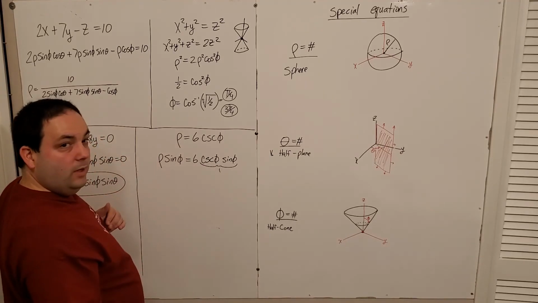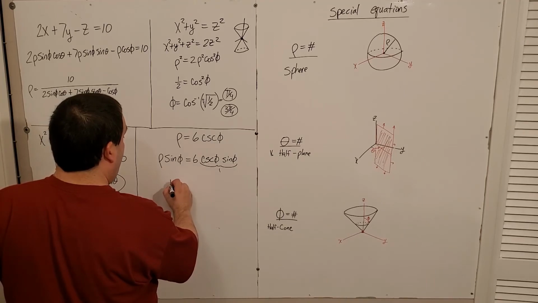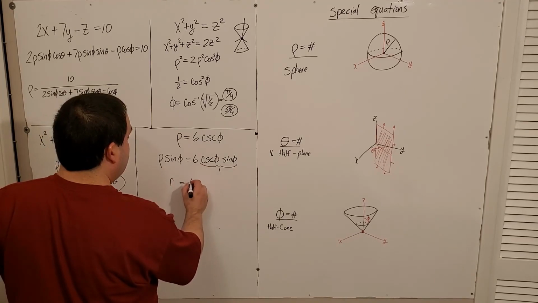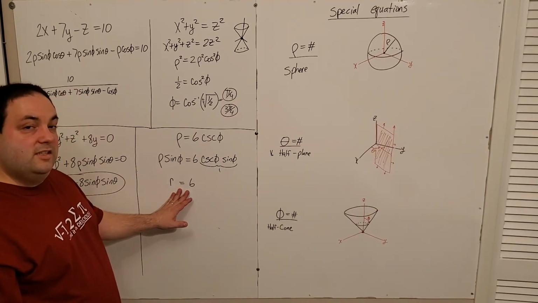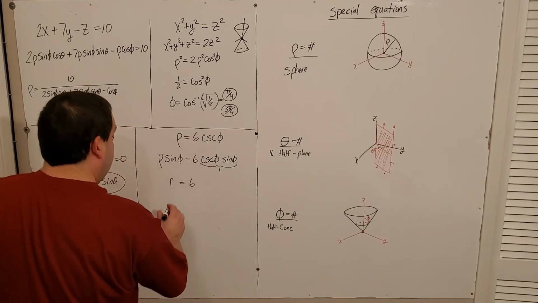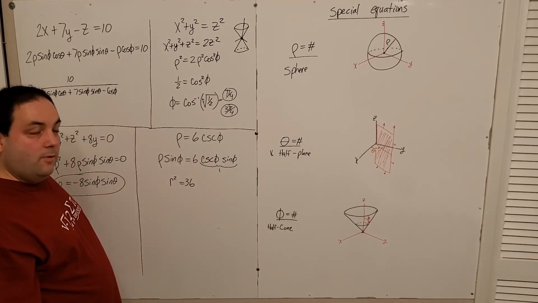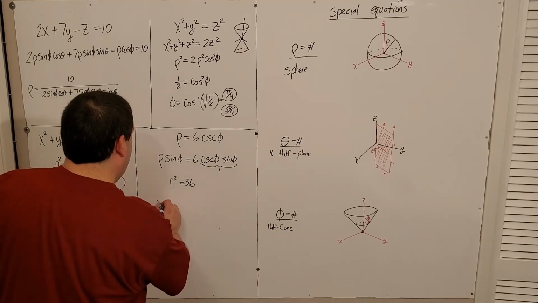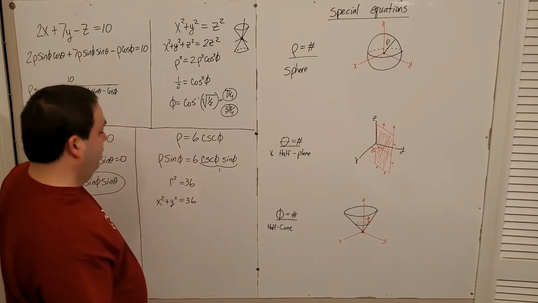We had a thing for that one. What was that one? That was r is equal to 6, right? So basically I've converted it into cylindrical here, right? Square both sides. R squared equals 36, right? So I've got x squared plus y squared is equal to 36 in rectangular.